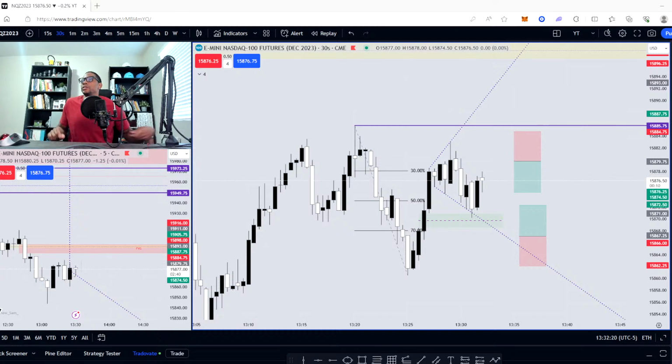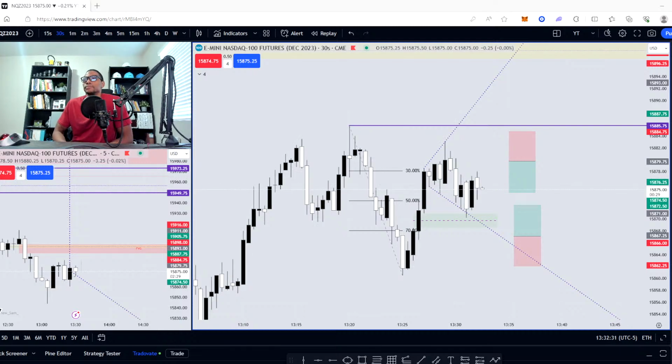Well, 15-minute liquidity market structure shifts. How many entries are you seeing per day on a 15-minute time frame? I would imagine that's probably on each session you may get 1 to 2 entries.